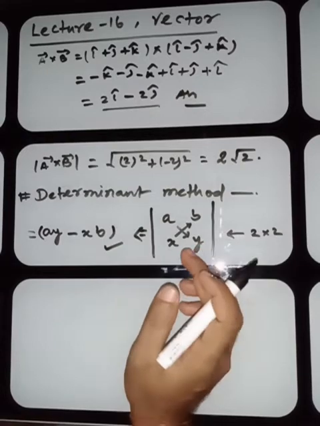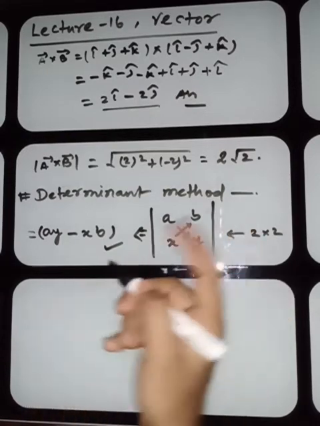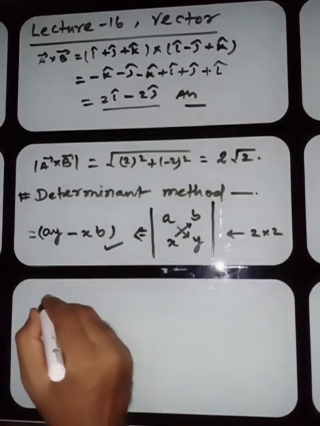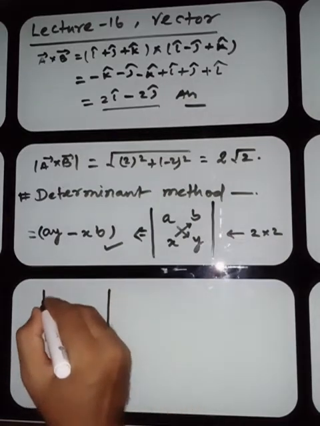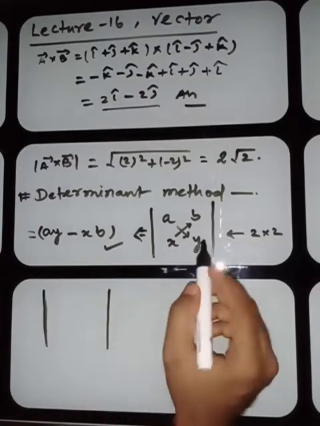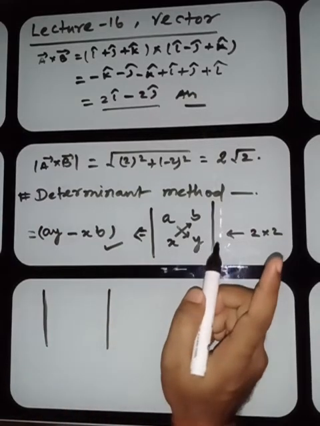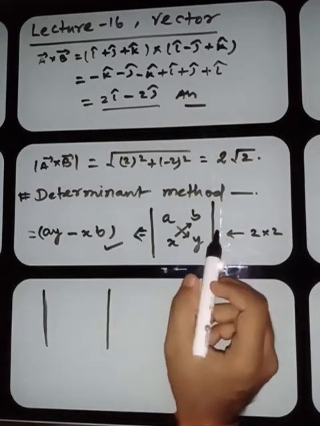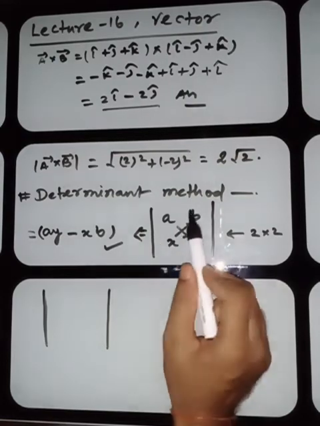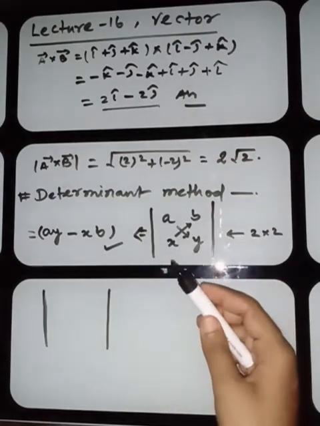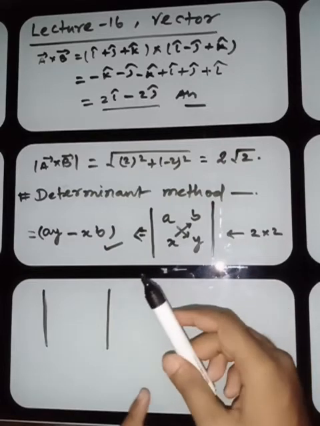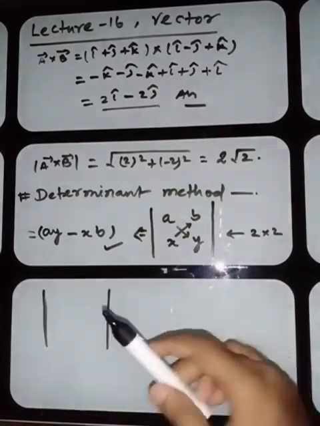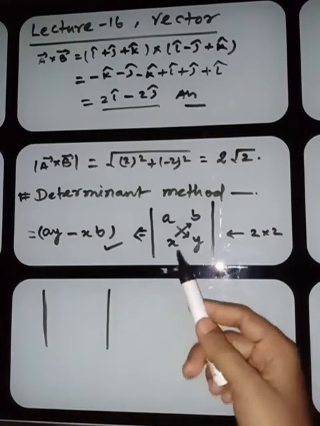Now let me explain another determinant, the 3 into 3 determinant. You can find the answer of a determinant of 2 into 2 only. If you have a 3 into 3 determinant, then you first have to convert that 3 into 3 into 2 into 2, and then you will find the answer in this way.